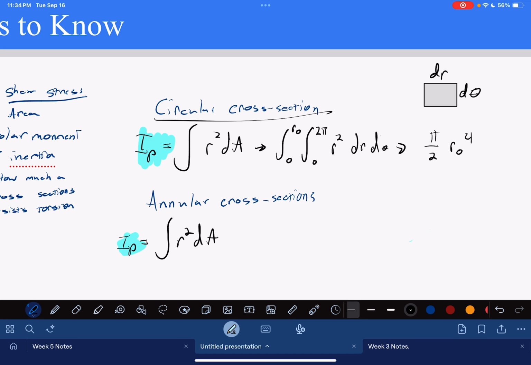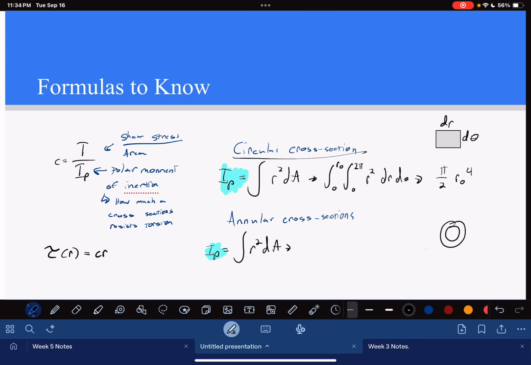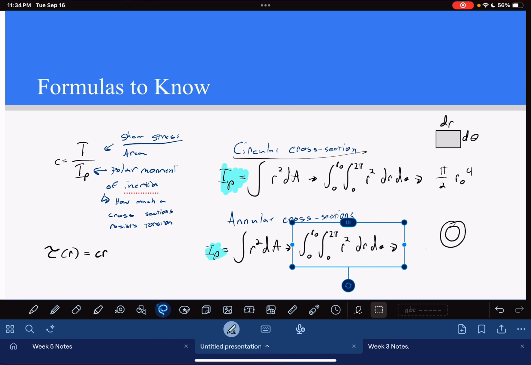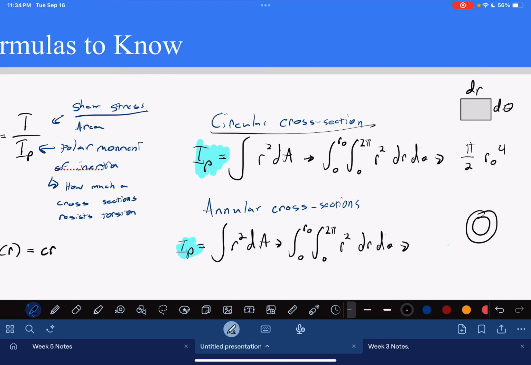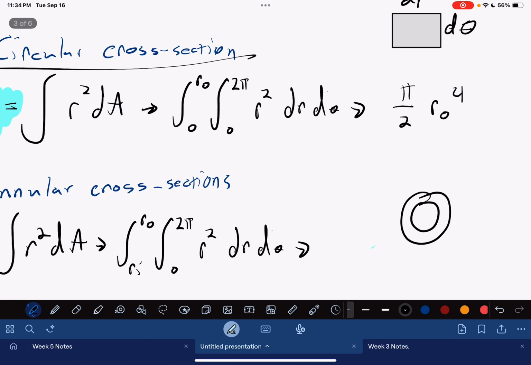So there's that. Over here we have the same thing, but the only difference is that we're integrating from the inner distance to the outer distance. So we have the same integral, but instead we integrate from the inner radius to the outer radius.